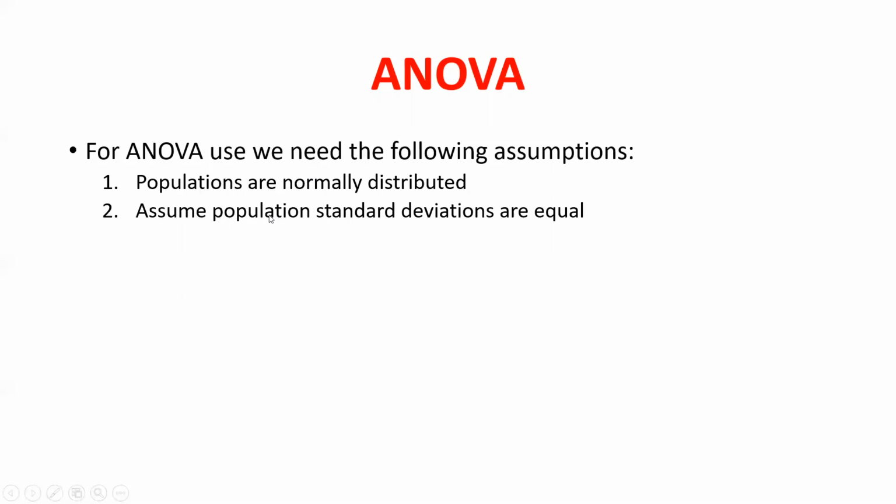We also need to assume population standard deviations are equal, right? So this is the initial standpoint of ANOVA. We'll see with two-way ANOVA, we don't really need this anymore, but at least for the first examples we'll look at with just single factor ANOVA, we're assuming the population standard deviations are equal, which isn't that crazy if we're looking at a very similar variable, right?